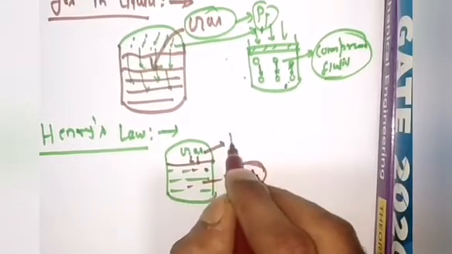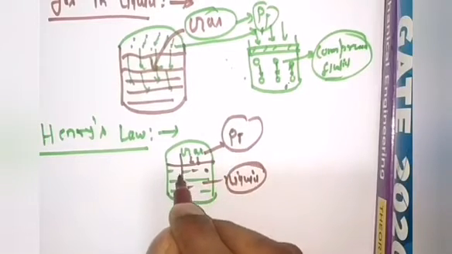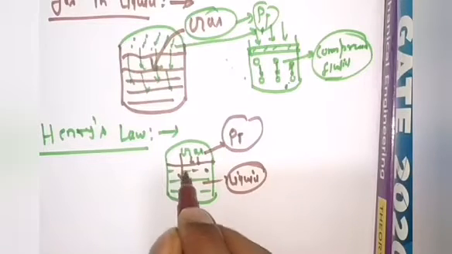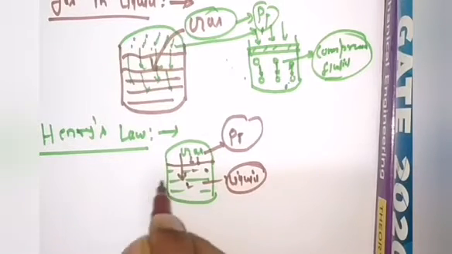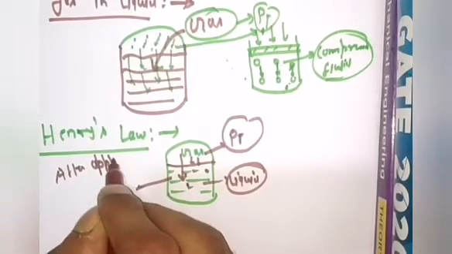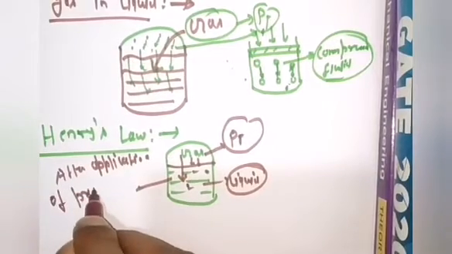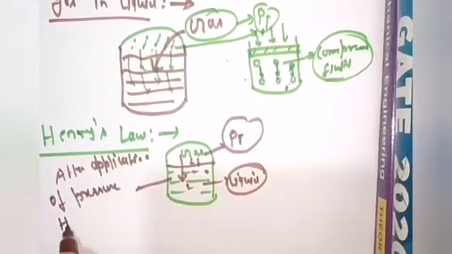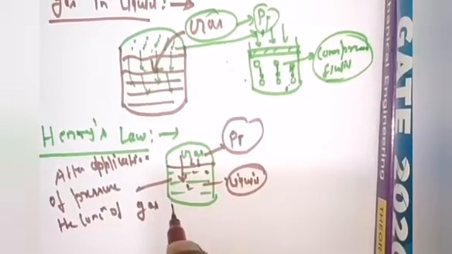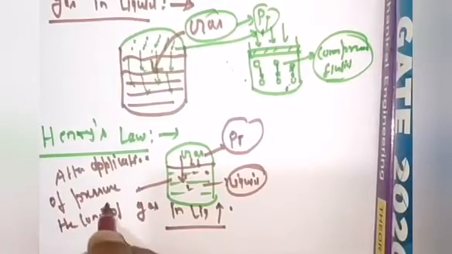Okay, now understand one thing. If I take the total system pressure as PT, now if you dissolve the gas into the liquid, then what will happen here? The concentration of gas in the liquid will increase, meaning after application of pressure the concentration of gas in liquid will increase. Now see, here the concentration term comes in.